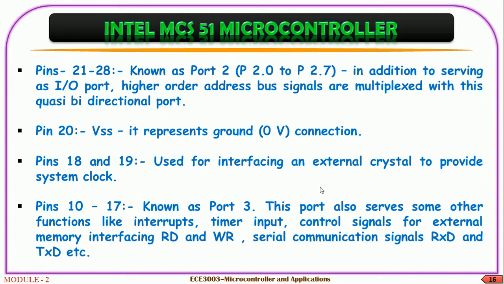Pins 18 and 19 are used for interfacing the external crystal to provide the system clock. Pins 10 to 17 are known as port 3, which also serves other functions like interrupts, timer input, control signals for external memory interfacing, serial communication, transmission and reception.